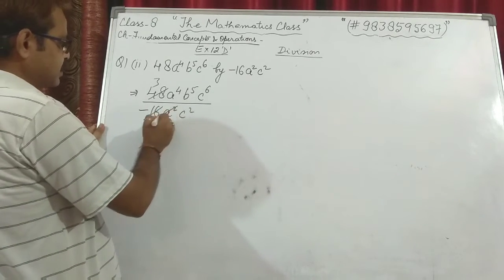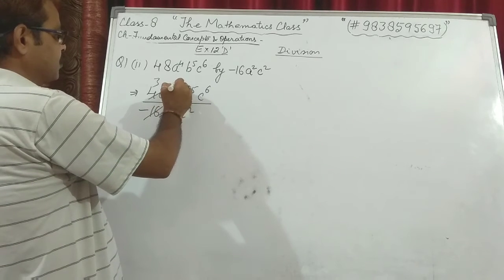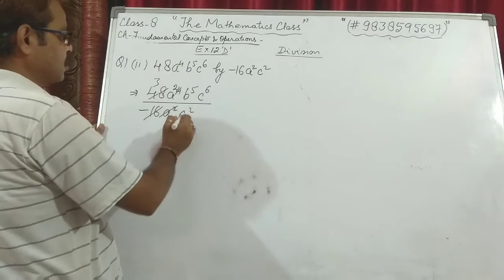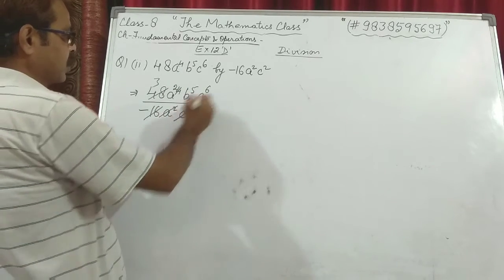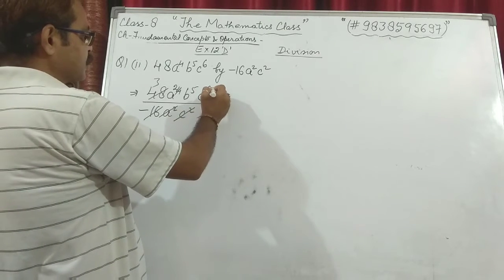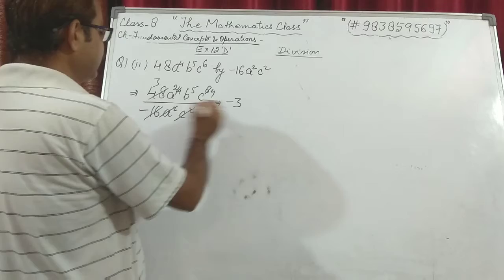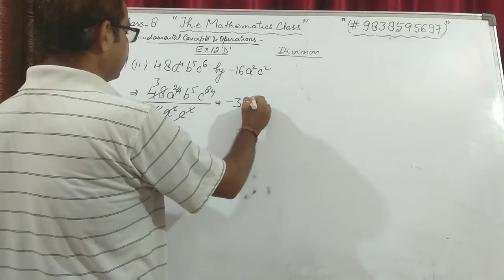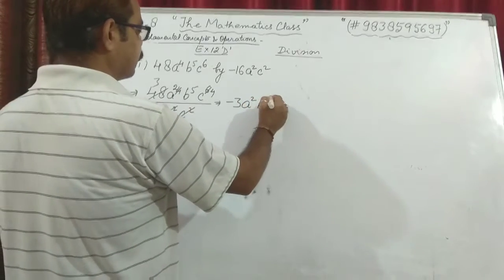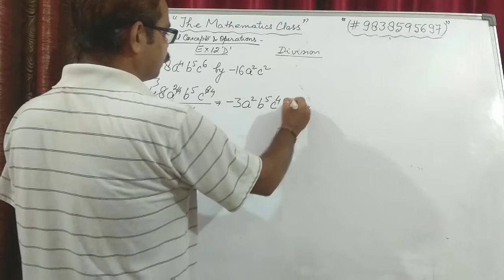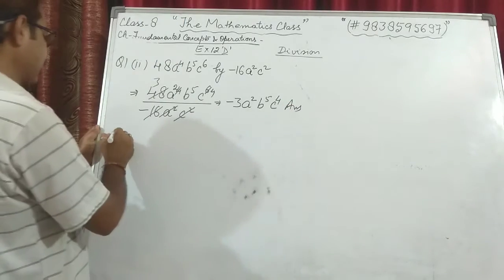A square is there, this will cancel, it will become 2. C square is there, it will become c to the power 4, 6 minus 2 is 4. So the final value is minus 3 a square b to the power 5 c to the power 4. That is the final value.